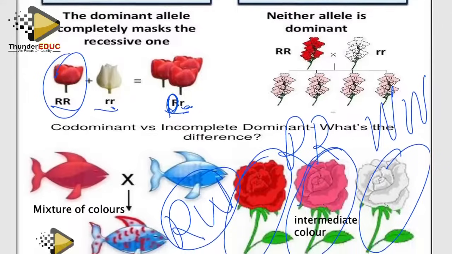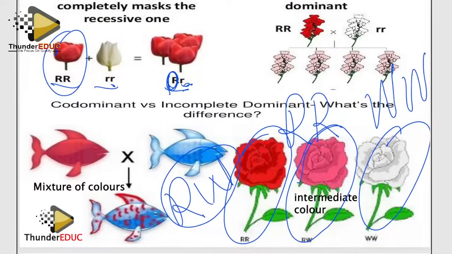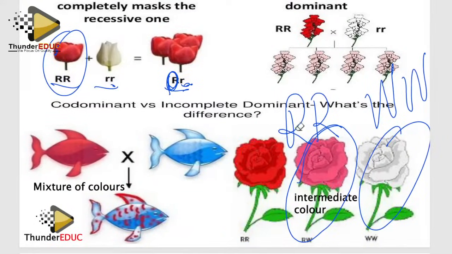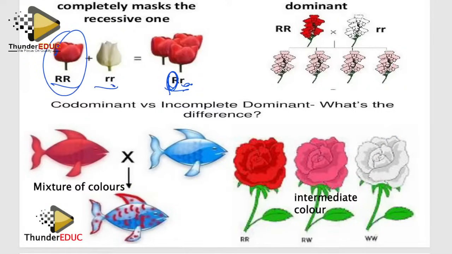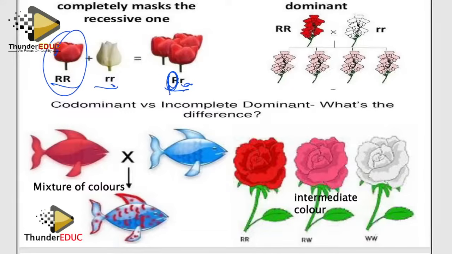When you produce a mixture. There is no difference between incomplete dominancy and codominancy when it comes to the crossing. It is the same. Is it clear? Still, it's going to be capital R, for example capital W, and then you produce capital R, capital W. So it's the same style.